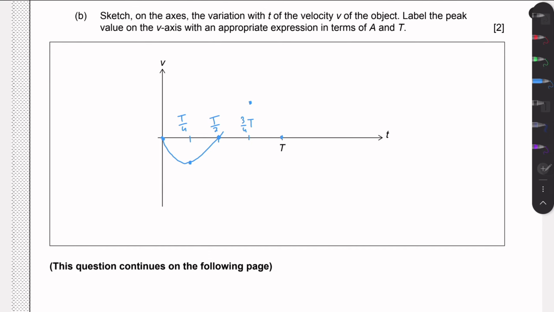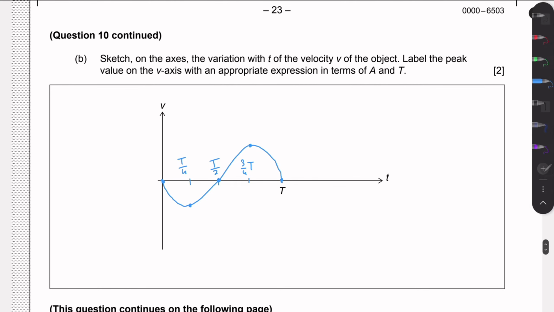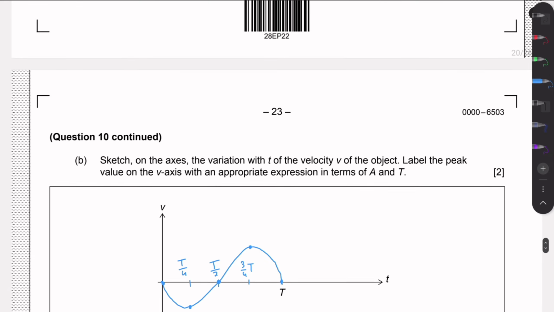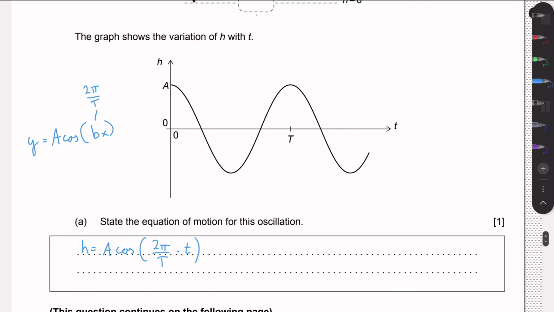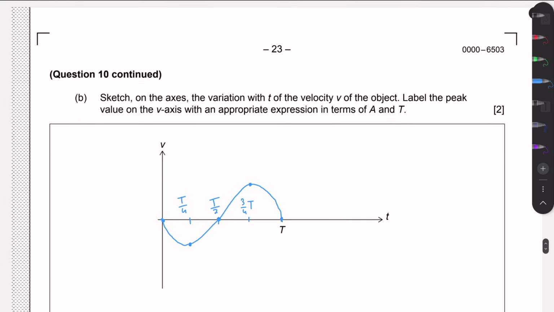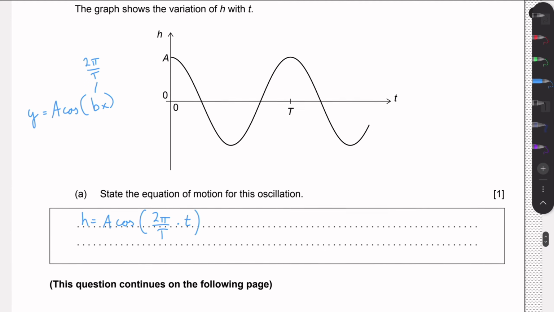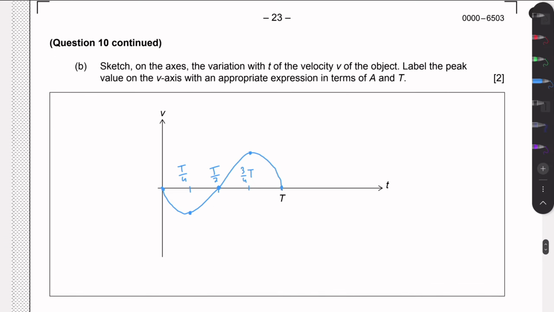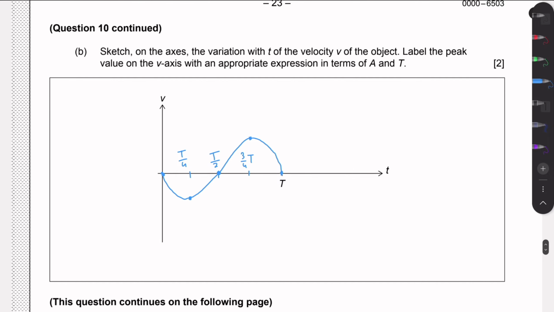If we connect the dots, it should look like a negative sine graph. And if we have learned derivatives from maths already, we could have also just seen that the derivative of a displacement-time graph is the velocity-time graph, and the derivative of a cosine graph is negative sine. So from that we could have already come up with this graph.